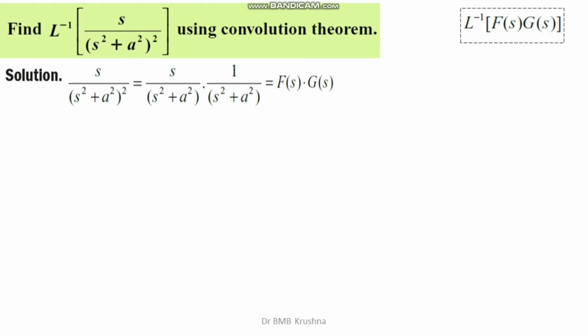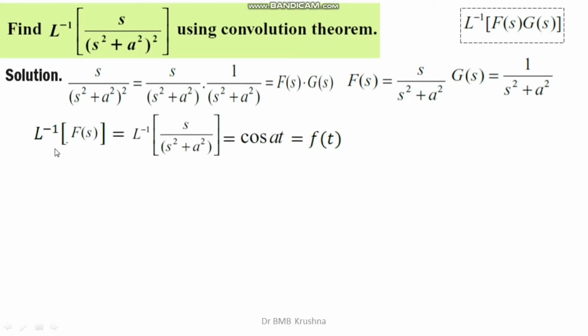One may consider this as G(s), it may be F(s). No need to worry about how to take the functions F(s) and G(s). Here F(s) is identified as s by s square plus a square, and G(s) as 1 by s square plus a square.